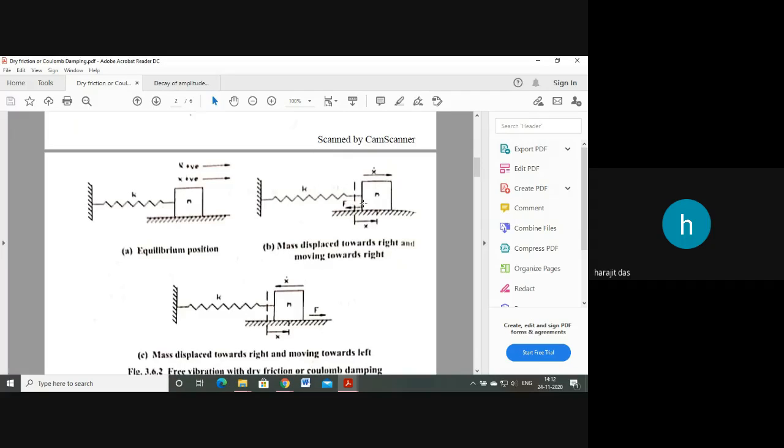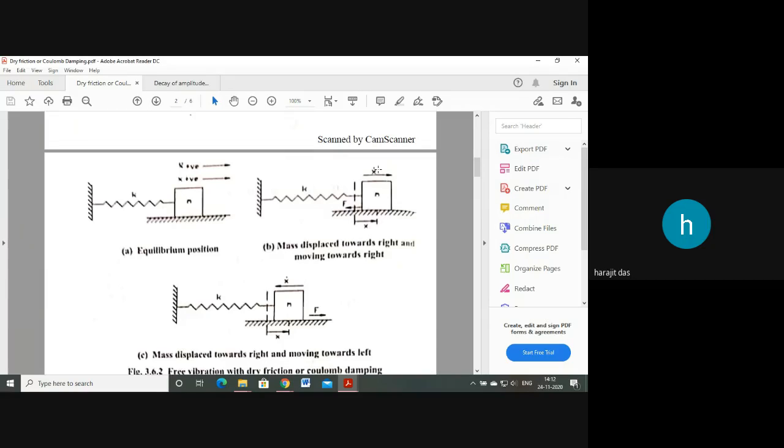The mass is displaced towards right and moving towards right, because in this quarter cycle the mass is displaced towards right and moving towards right, but in the next quarter cycle, though the mass is displaced to the right, the body moves towards left. So we will consider the first quarter cycle, when the mass is displaced towards right and moving towards right. I think all of you are able to imagine this condition.